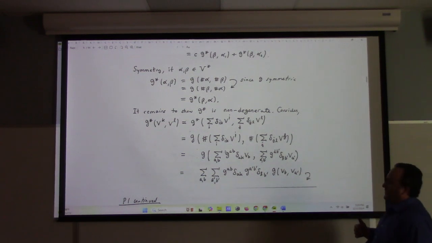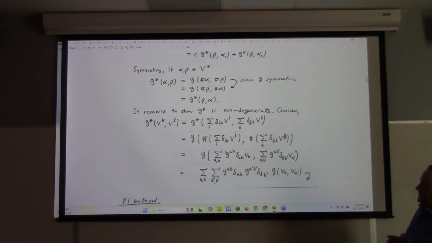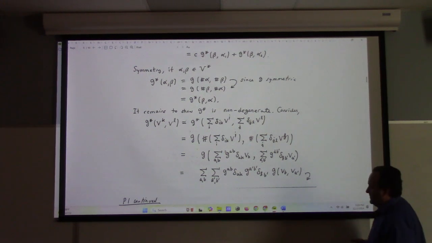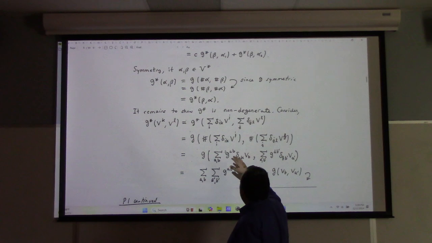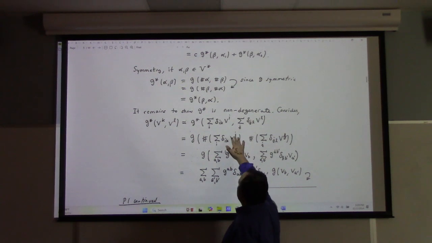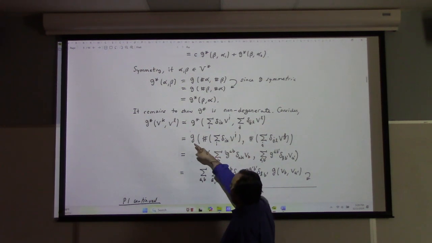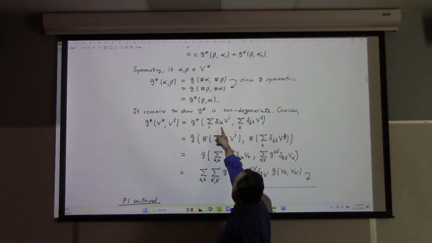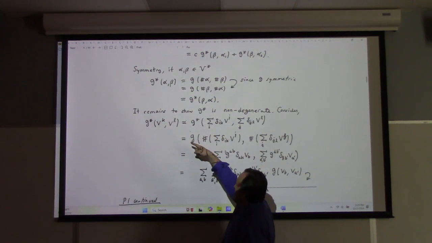So I calculate g dual acting on the dual basis. What I'm doing here is a little bit sneaky: I'm rewriting the dual basis in terms of its components. The components of the kth dual vector are Kronecker delta ik, that's the ith component of the dual basis vector.